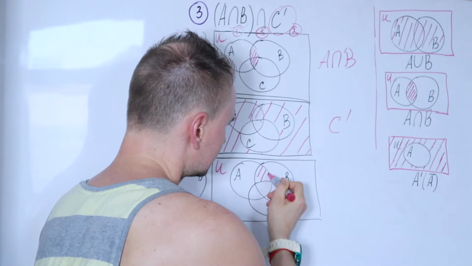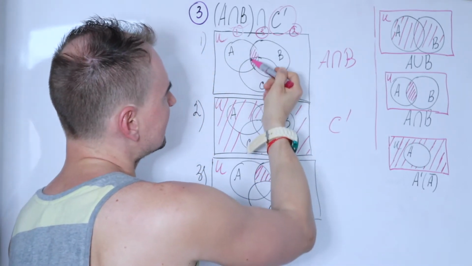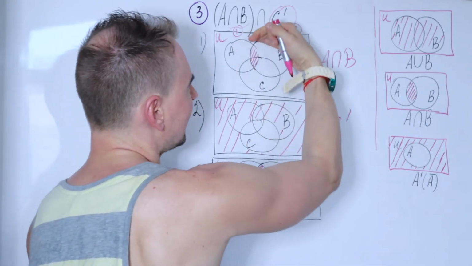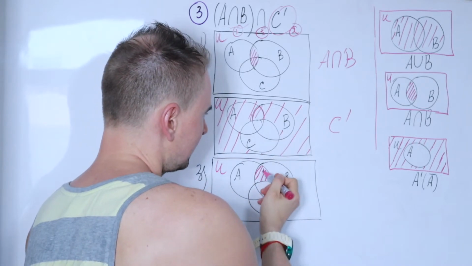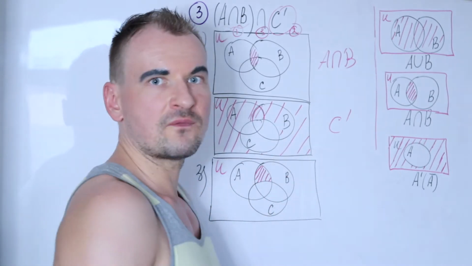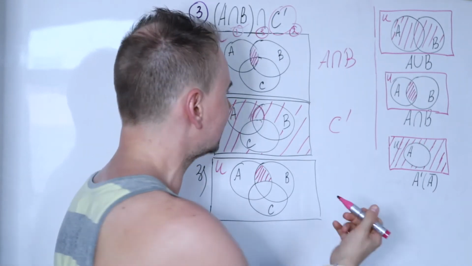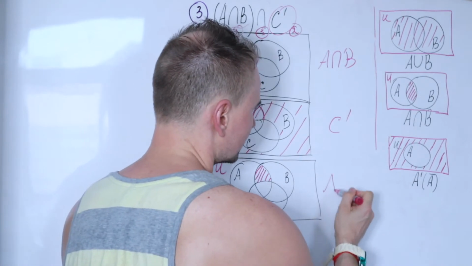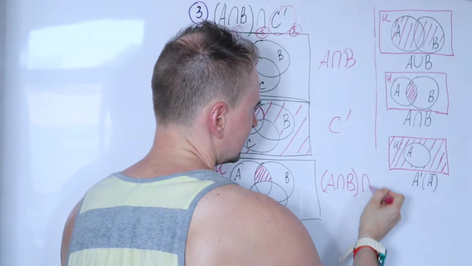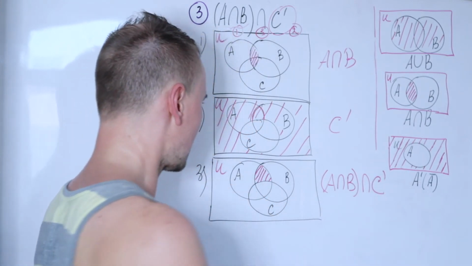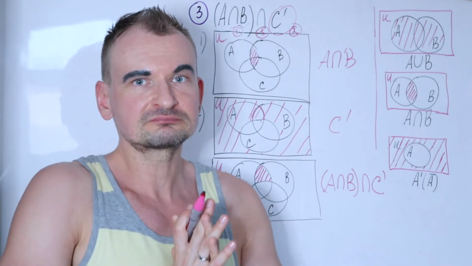So this part. Since this is your intersection A and B and outside of C, this part is going to be your final solution, your final shaded region, your final shaded area for that problem. And we could write it like this. A intersection B intersection C prime.